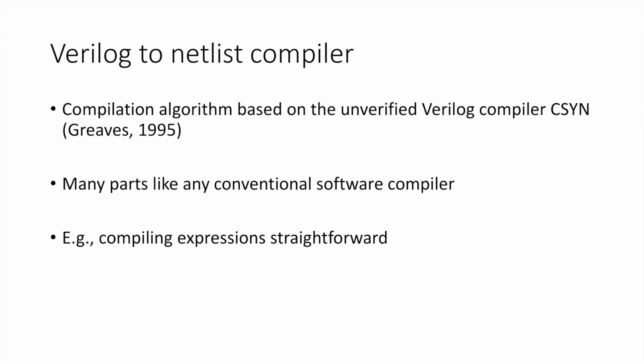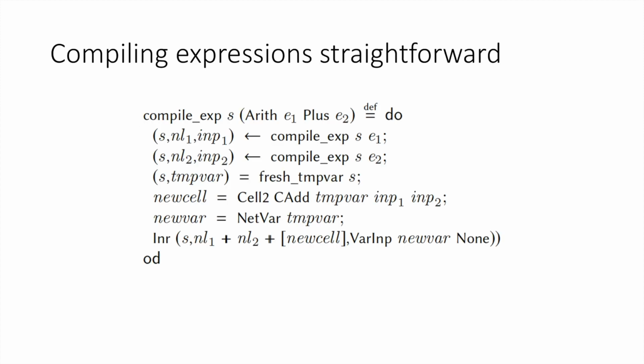The compilation algorithm is based on the unverified Verilog compiler CSyn. And if you're familiar with software compilers, you will recognize many parts here. For example, compiling expressions is quite straightforward. If you look at this example of compiling addition, it will look quite familiar.